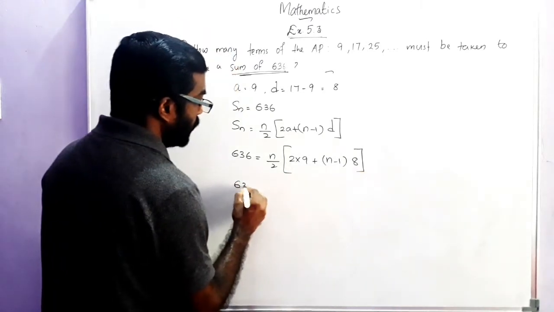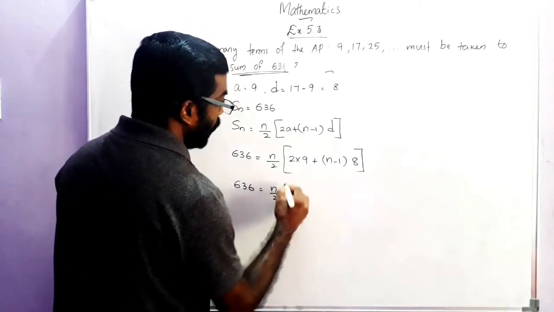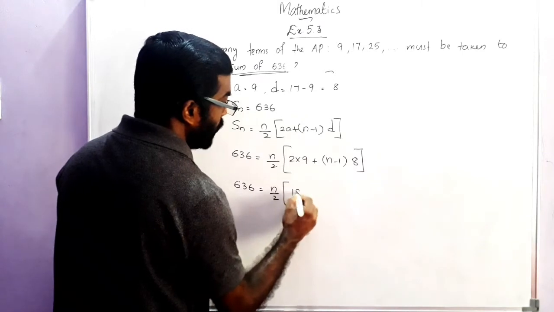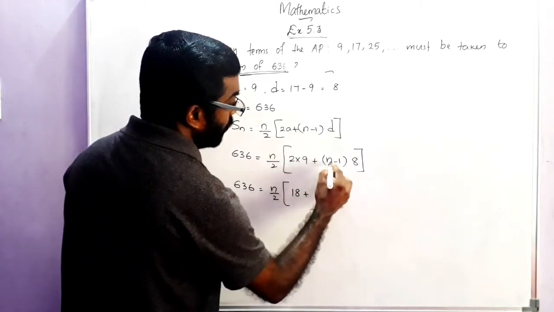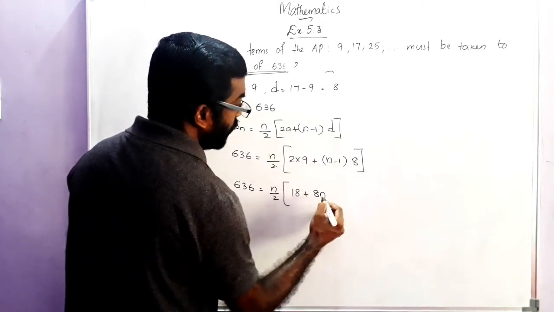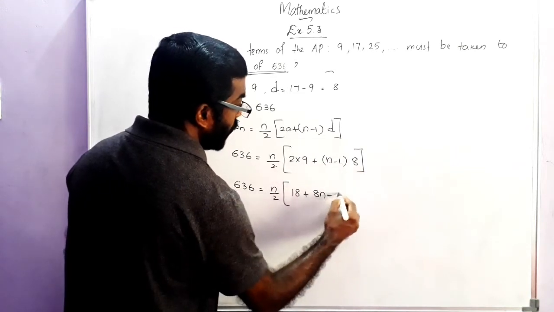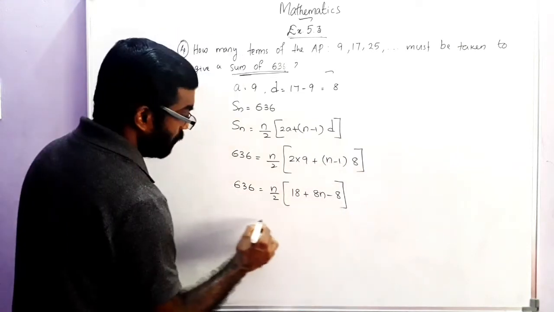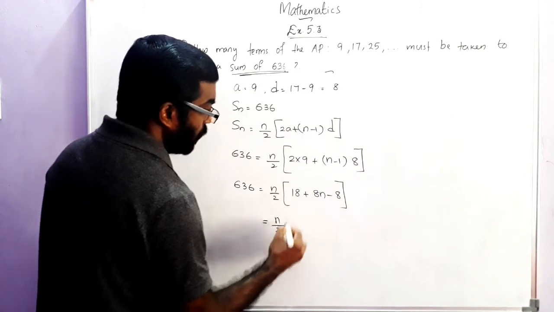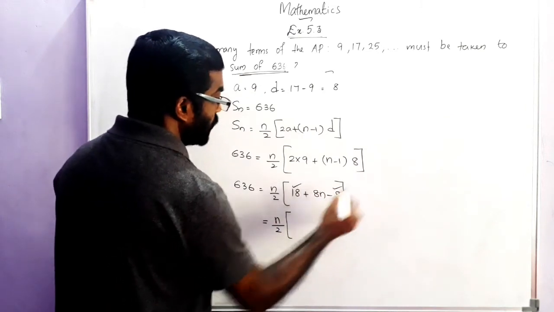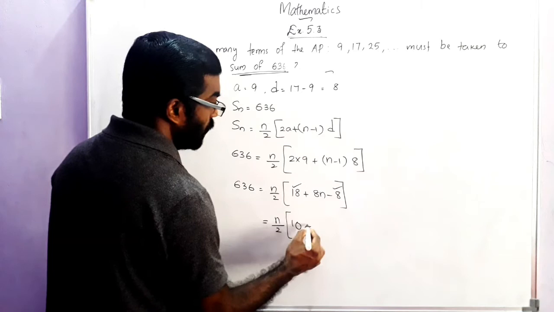So 636 is equal to n by 2 into 2 into 9, 18, then plus n into 8, that is 8n minus 1 into 8, minus 8, okay, which is equal to n by 2 into 18 minus 8, which is 10, then plus 8n.